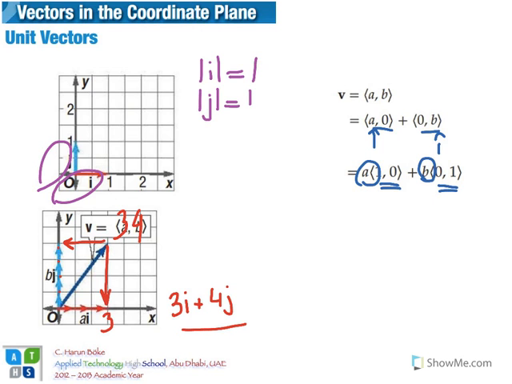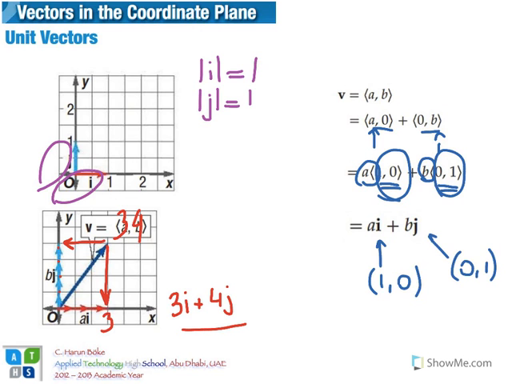So if we have (1, 0) and (0, 1), these are actually the unit vectors we're talking about. (1, 0) represents i, and (0, 1) represents j. So it is a times i plus b times j, or as in our example, 3i plus 4j.